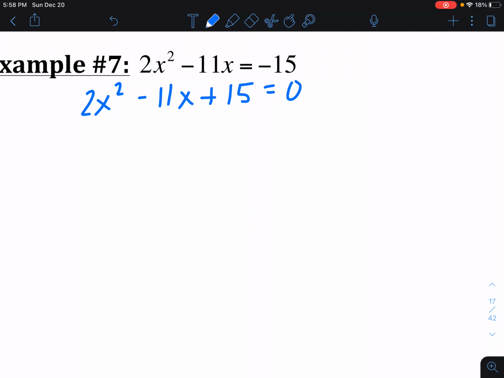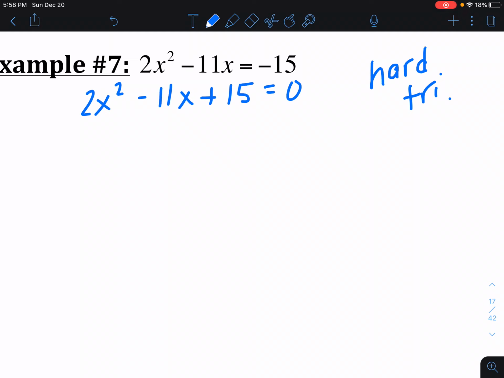Do I have a GCF? No, I do not. What kind of factoring is this, though? Well, we got a trinomial, but it's a hard trinomial. Look in front of the x squared, and you'll see that 2. This is a trinomial when a is not equal to 1.